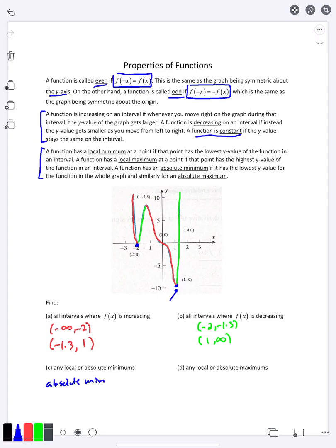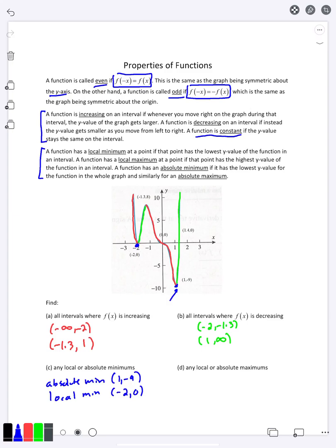When I ask for absolute minimum, you can tell me the value as in the point, or you could just say the absolute min is the y value -9. Both are valid ways of giving me the answer. The point is a little bit more descriptive, I would say. And then we also have a local min at the point -2, 0. It's the lowest in that immediate area.